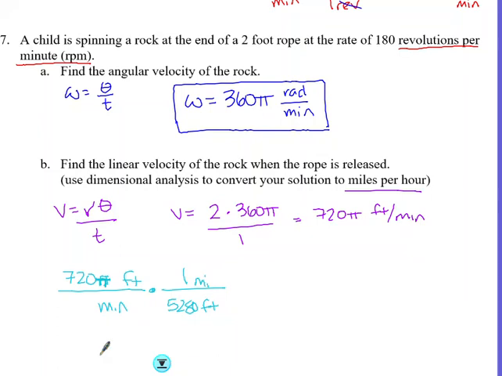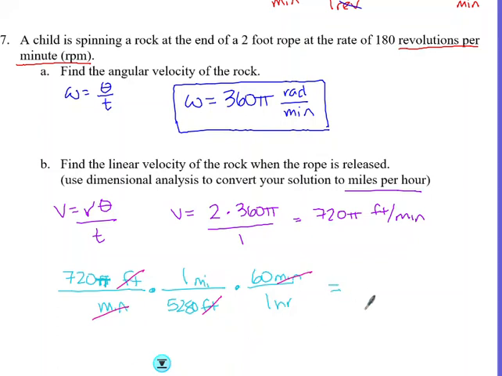And again, I put this fraction this way so that the units of feet will cancel out. So now I have miles, which is what I want. Now I need to convert minutes to hours. So we know that there are 60 minutes in 1 hour. Again, the units that we do not want cancel out. So the minutes cancel, and we are left with miles per hour.